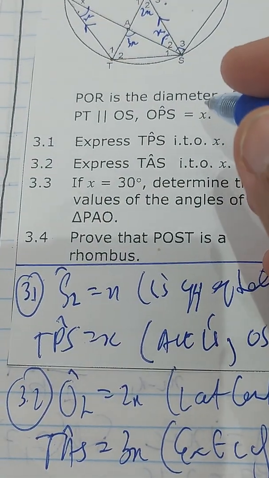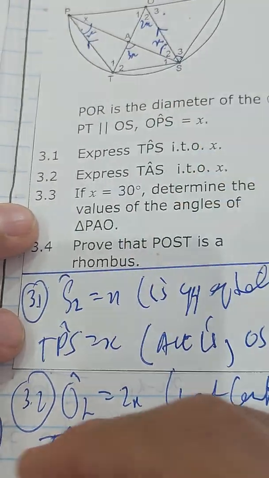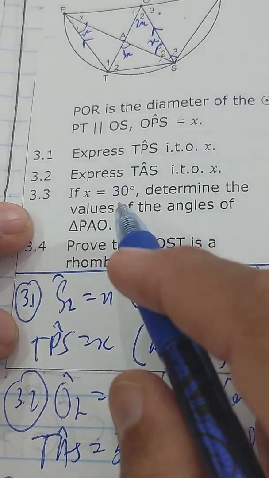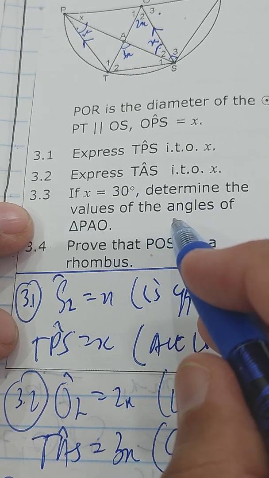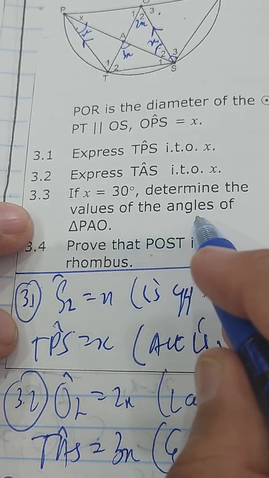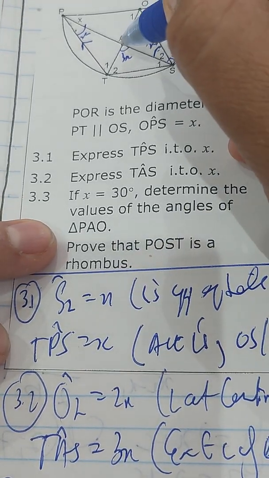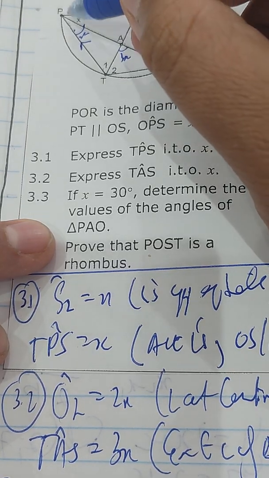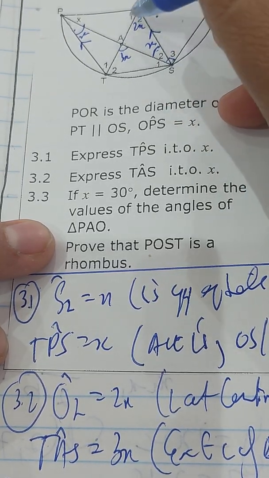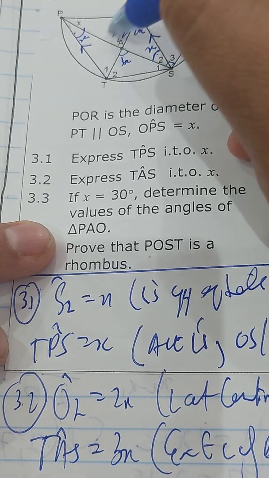So the question then says in 3.3, if x is equal to 30, determine the values of the angles of triangle POA. So this is a triangle here.